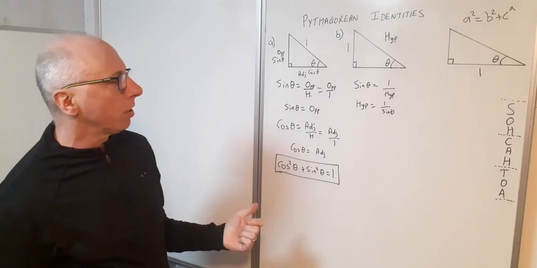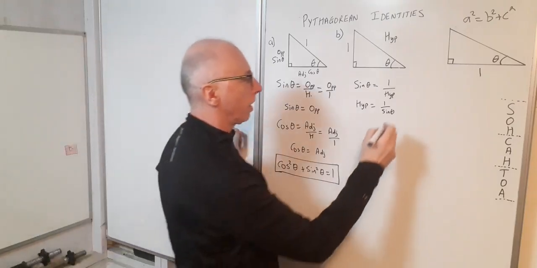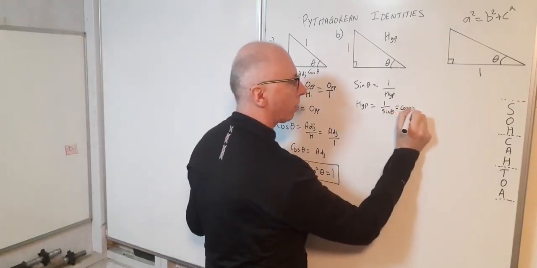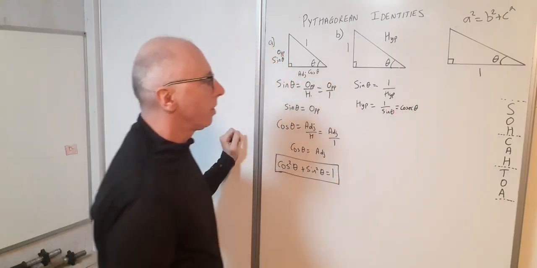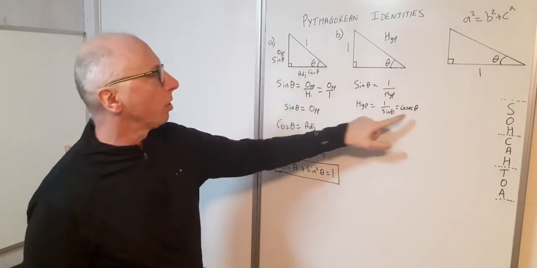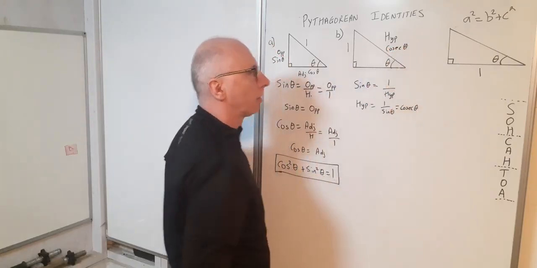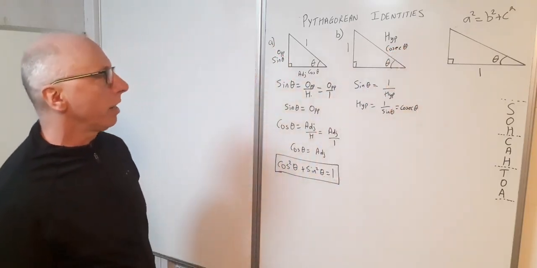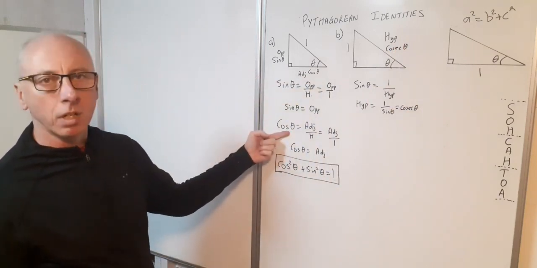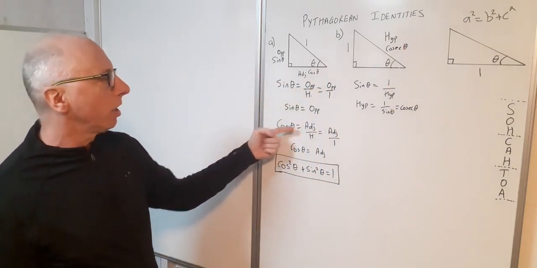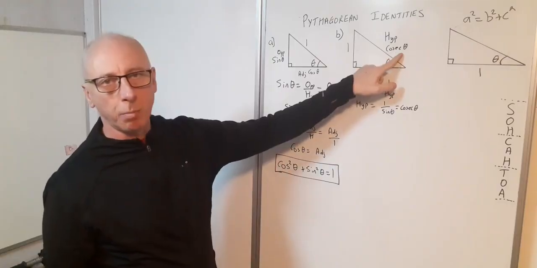Now the reciprocal of sine is cosecant theta. So that is my hypotenuse, cosecant theta. Now what about cosine theta? I could do that one, but I've already got my hypotenuse.